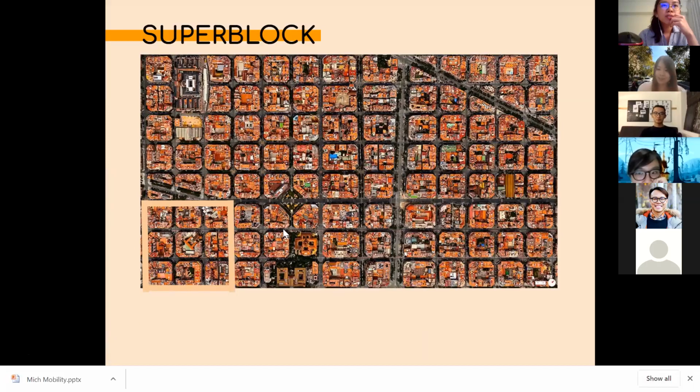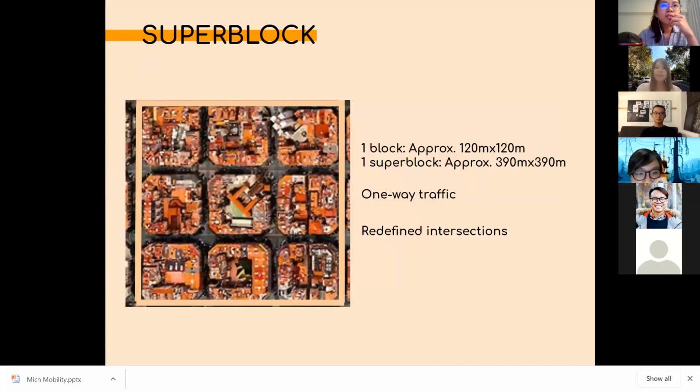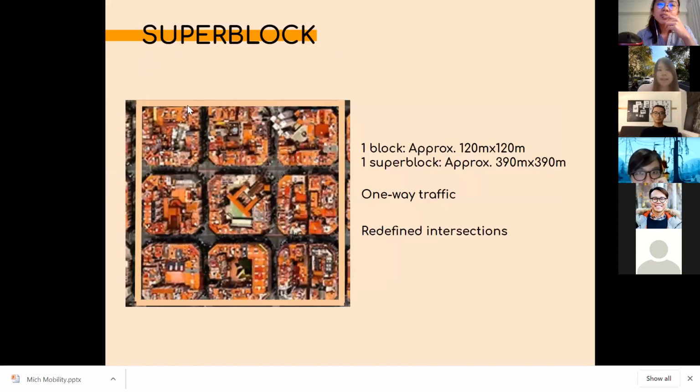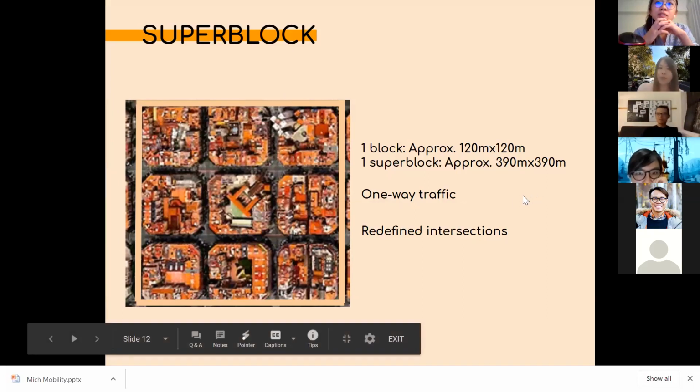This is called a Superblock. For one block, the dimension is like 120 by 120, so one Superblock is approximately 400 by 400. It's proven to be a walkable distance.